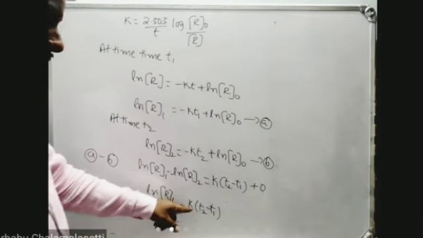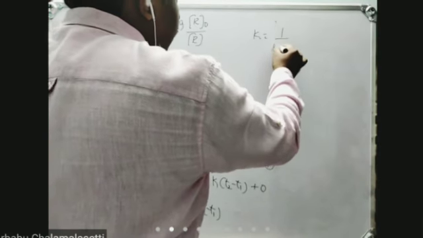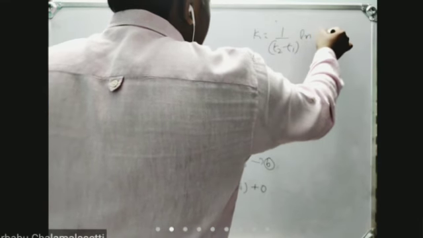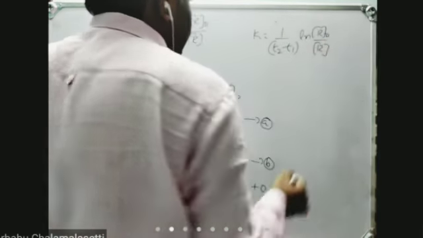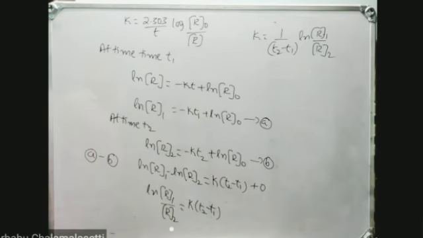From that, k is equal to 1 by T2 minus T1 into ln R1 by R2.